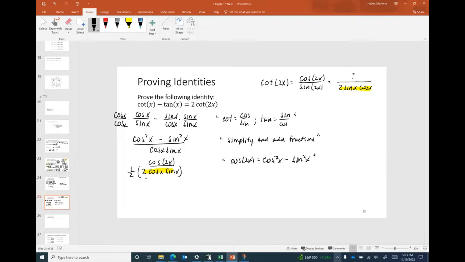Right? Okay, so I can make my substitution now. Sine of 2x is equal to 2 cosine x sine x, or 2 sine x cosine x. That's the same thing, right? Multiplication is commutative, so it doesn't really matter. All right, so we'll make that substitution.